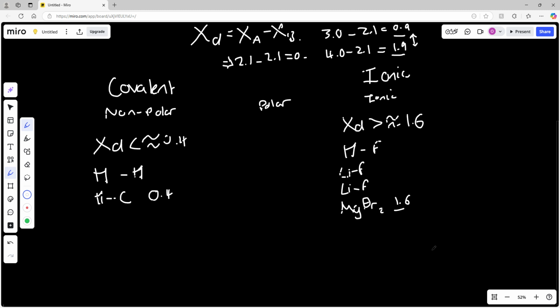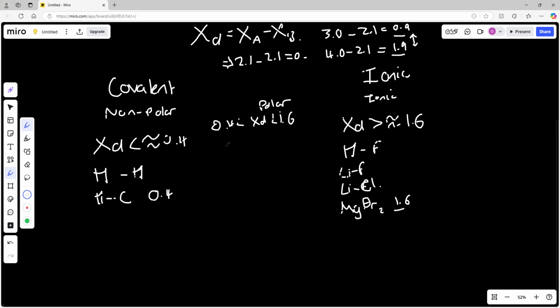Okay. Now, in the middle we've got this quite large region of difference where it's greater than 0.4 but less than 1.6. So if it's greater than 0.4 and less than 1.6, this makes it polar.